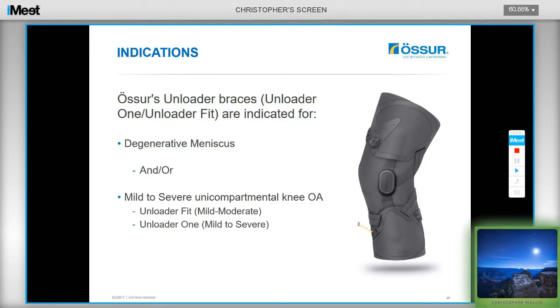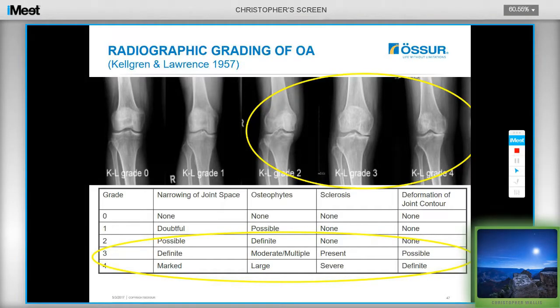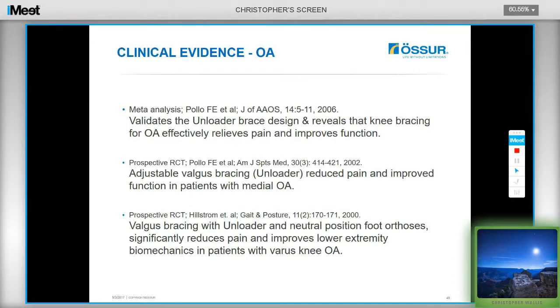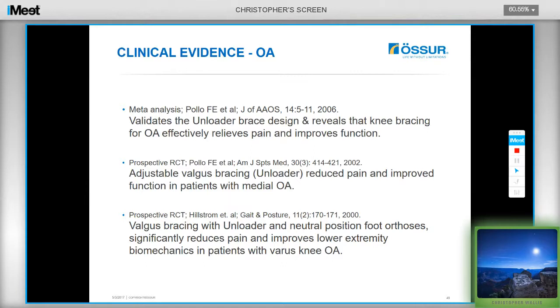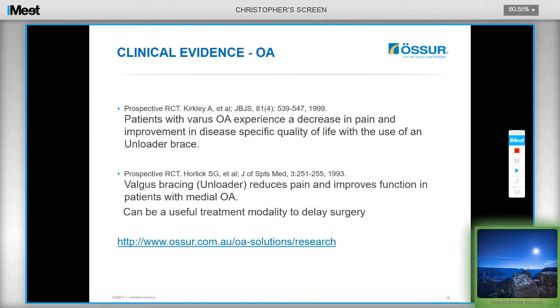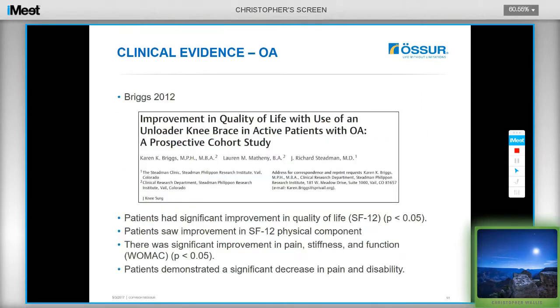So degenerative meniscus we've discussed, and obviously the depth of clinical evidence that the Unloader One has is profound, and you can find this on our website. So ranging from the design of the brace being that unilateral upright on the affected side with the dynamic force straps, through to pain outcomes, functional outcomes, and even the fact that it can be used as a treatment modality to delay surgery.